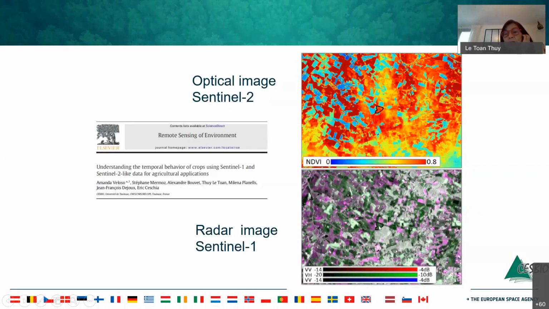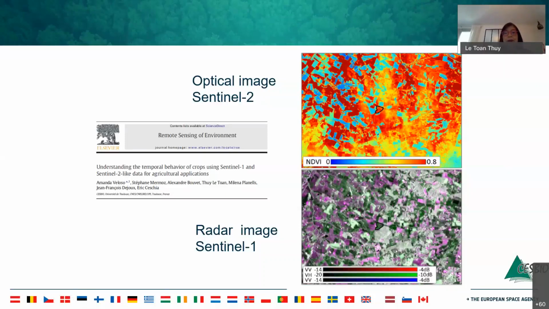Here is the wheat field, and here the wheat field is dark, meaning low backscatter, whereas in optical it is very high, high NDVI, the normalized difference vegetation index, you may know about that. The higher you have, the more the vegetation grows, the more biomass. Here the vegetation grows, and here is a high vegetation index but low backscatter. And we try to understand the whole thing.